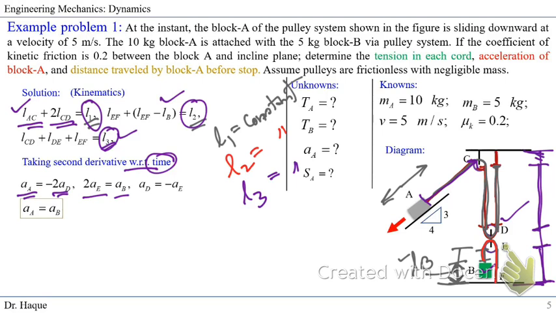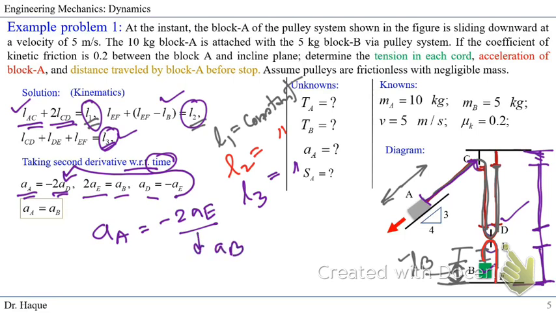If we plug into our first equation AD equals AE, we have AA equals minus 2AE. And now for 2AE, if we say 2AE equals AB, finally we'll have AA equals AB. This is our fourth equation.